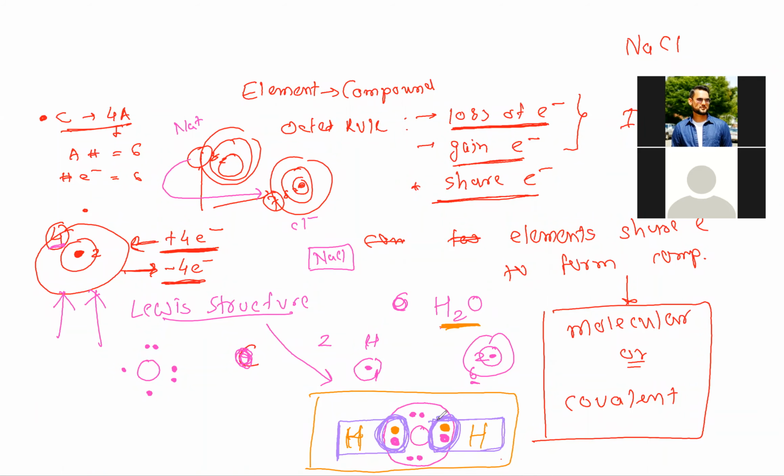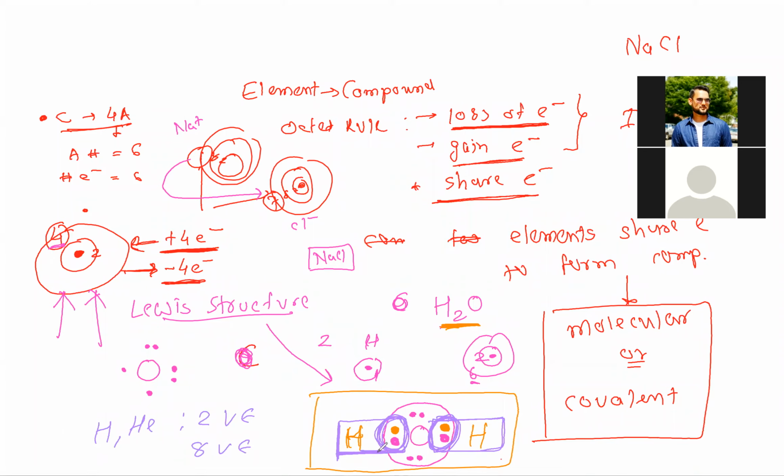When I say happy, it means they have whatever number of electrons they need to have. You remember I told you hydrogen and helium only need to have 2 valence electrons, while everything other than this will need to have 8 valence electrons. Because we are talking about hydrogen, they have their 2 electrons and they will be happy. That's the octet rule for hydrogen and helium.